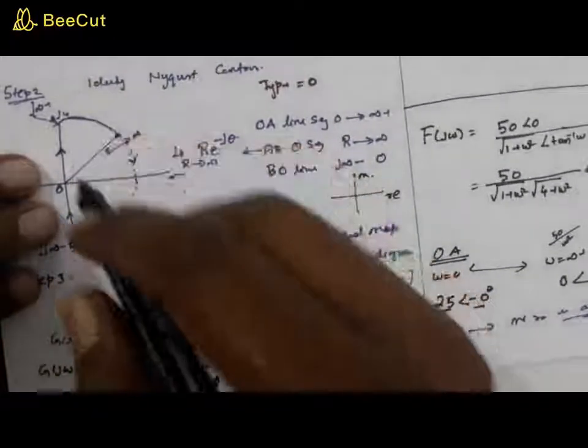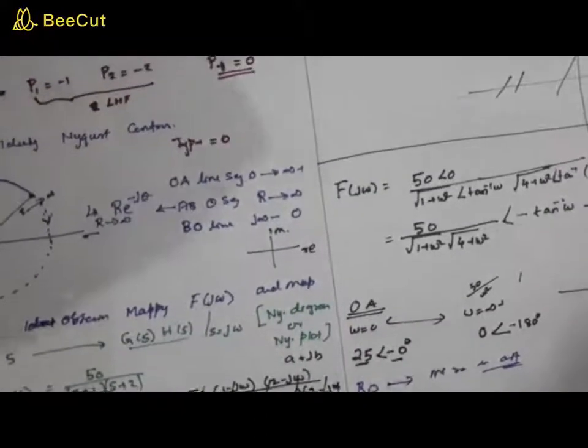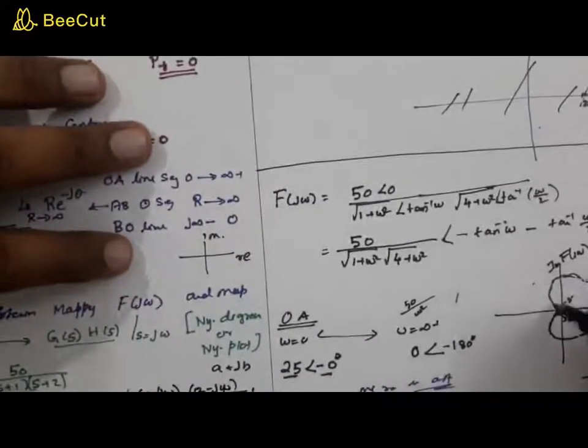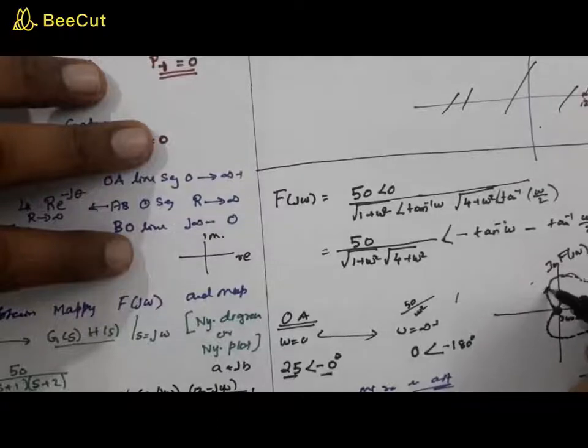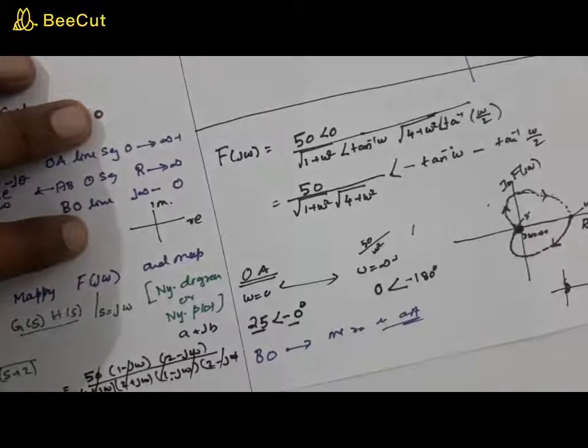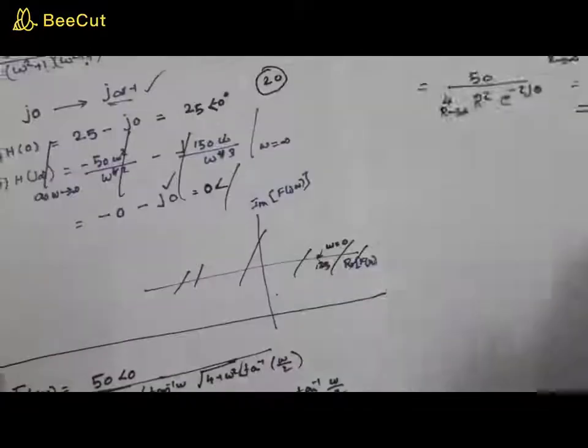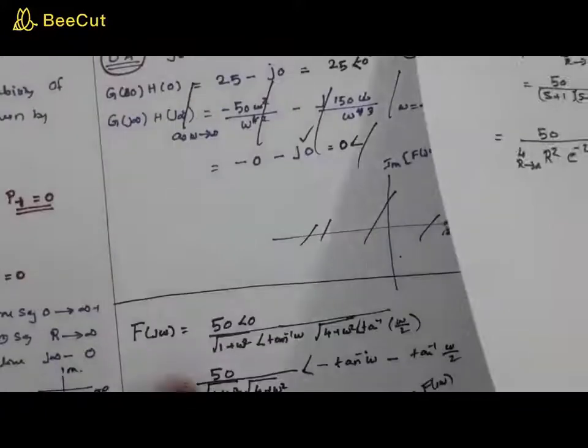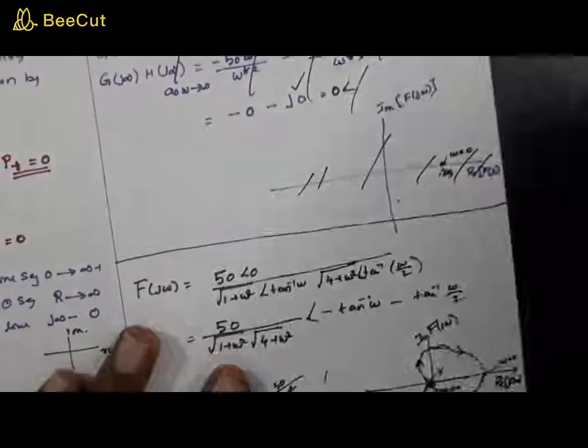The information is that the big circle is mapped as a point. And how will you continue with this? It is anti-clockwise, and then the direction will be like this. So this is the picture that you got. So that is your Nyquist diagram or Nyquist plot.